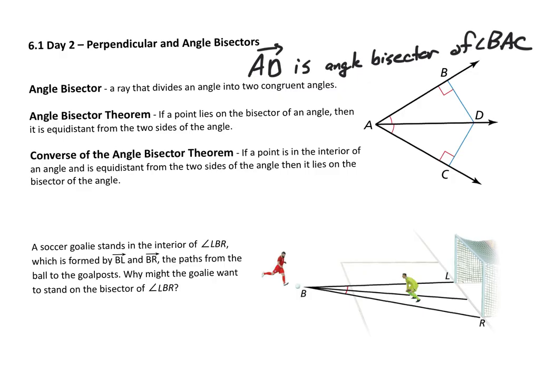Now, a couple of things that I will mention here. First of all, we know it's the angle bisector because we see these two angles being congruent. Okay, it bisects, it splits it in half.